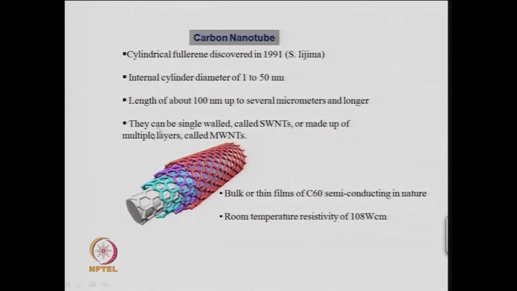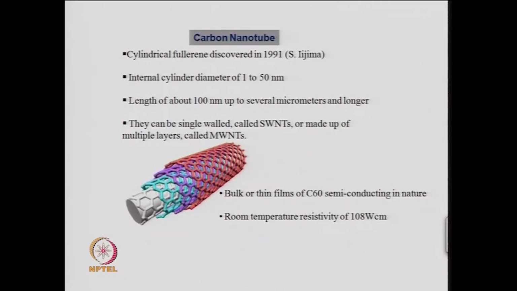If it is made up of multiple layers, then it is called a multi walled nanotube. As you see here, there are 1, 2, 3 and 4 layers. So, this is a 4 layer multi walled nanotube, of course all made of carbon, but you can also make single wall nanotubes, double wall nanotubes etcetera.